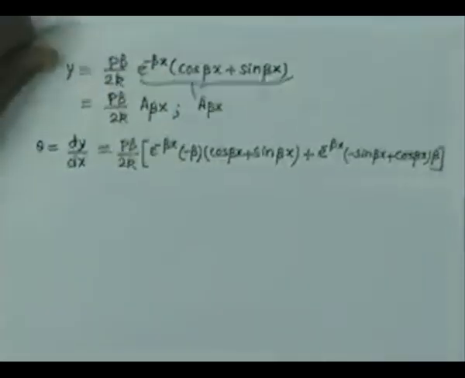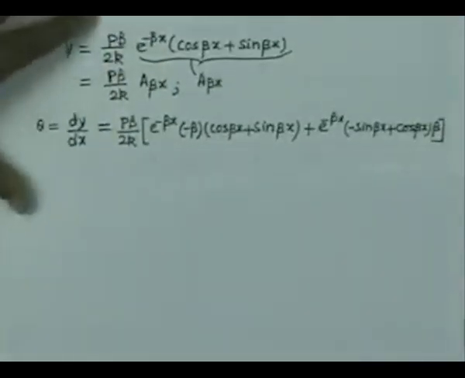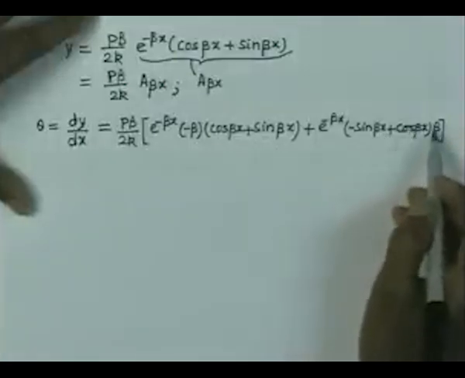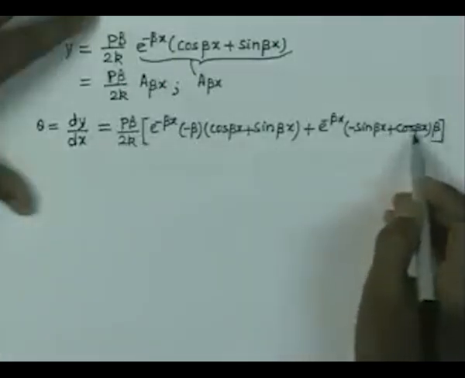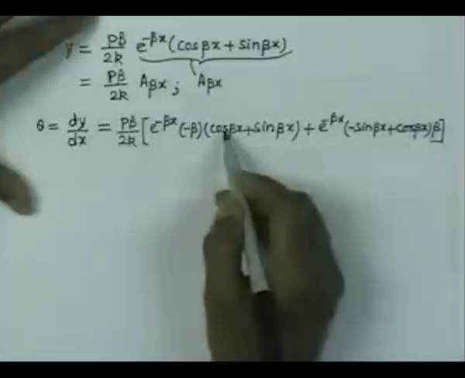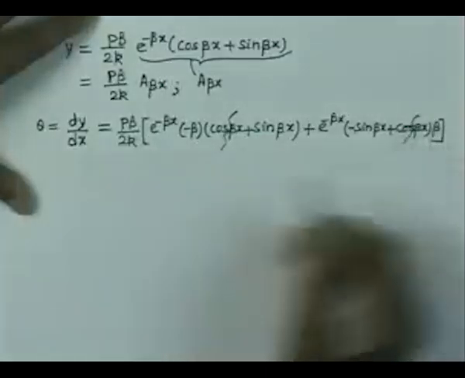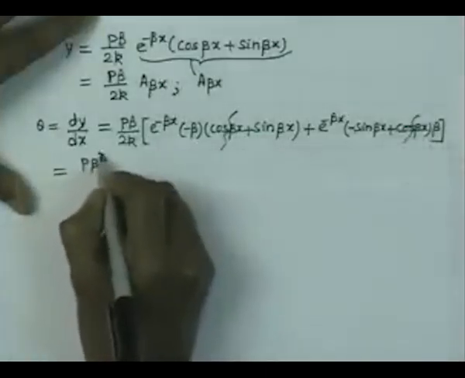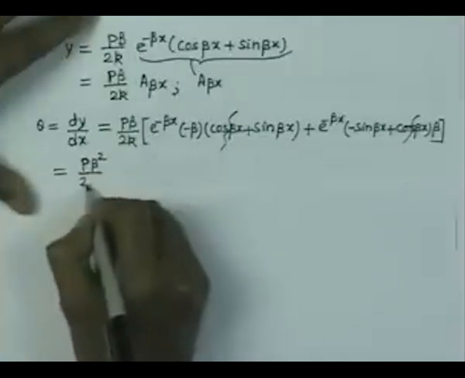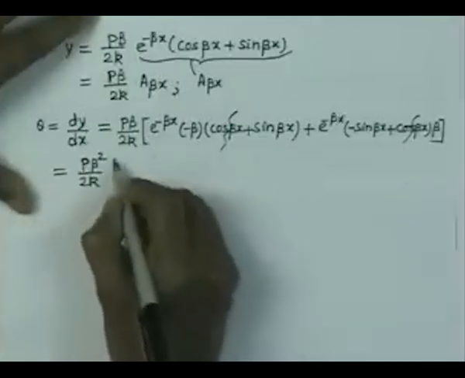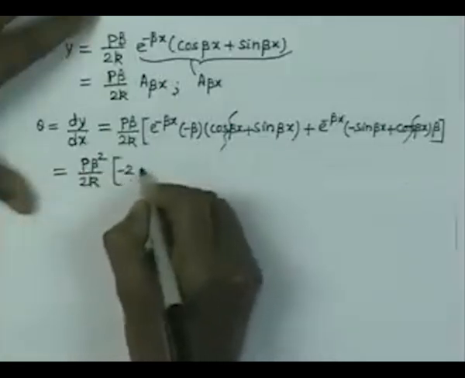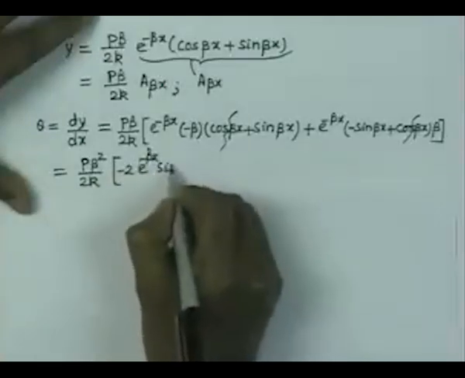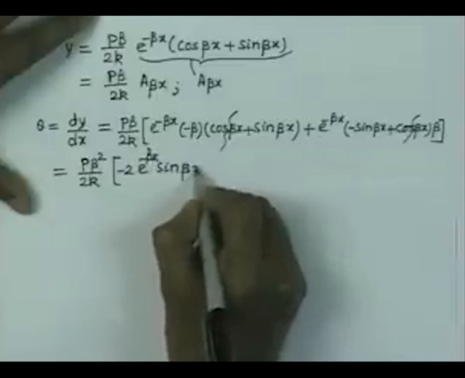So, that is theta, and we can see that there is some cancellation: this beta cos beta x is cancelling with this term. So, these two terms get cancelled and therefore, we have p beta square by 2k into minus 2 e to the power minus beta x sine beta x.